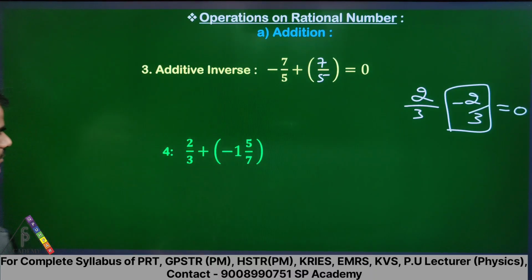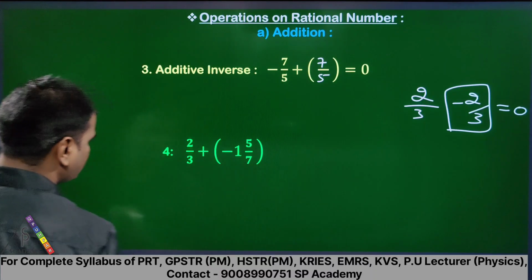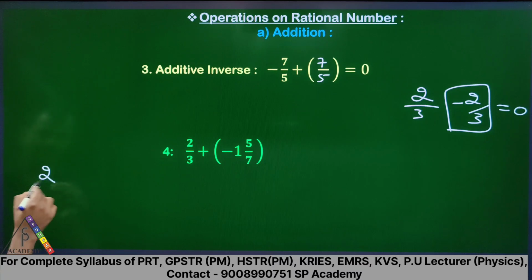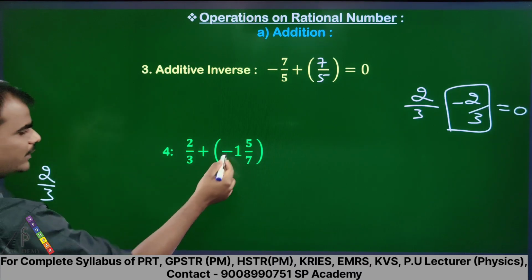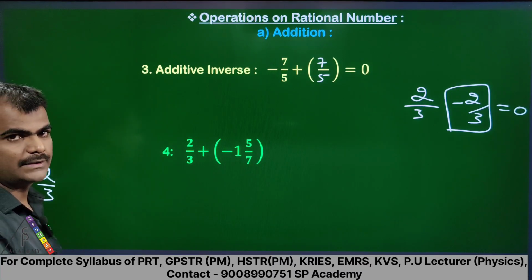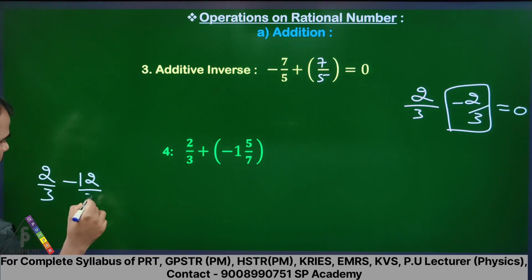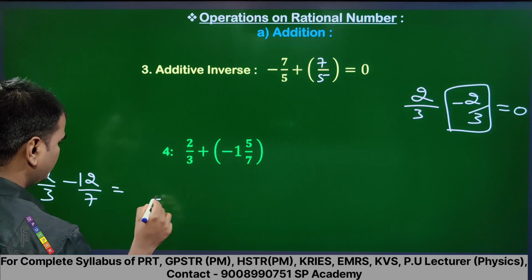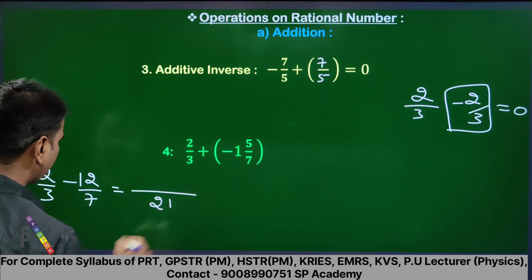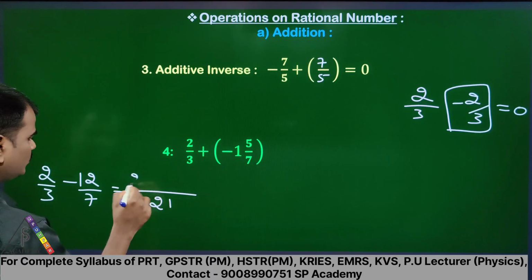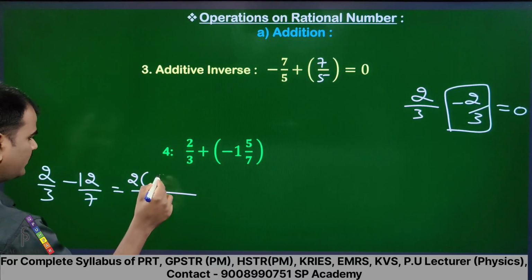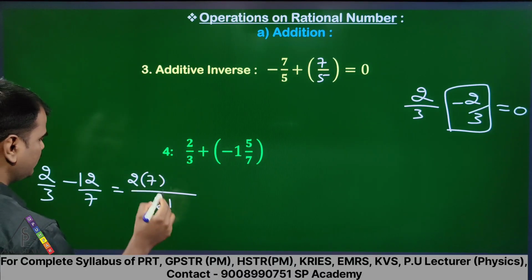Now we'll add these two with one mixed fraction: 2 by 3 and minus 12 by 7, since 7 times 1 plus 5 is 12. The LCM of the denominators is 21. Now 2 you multiply with some number with 3 to get 21, that is 7.